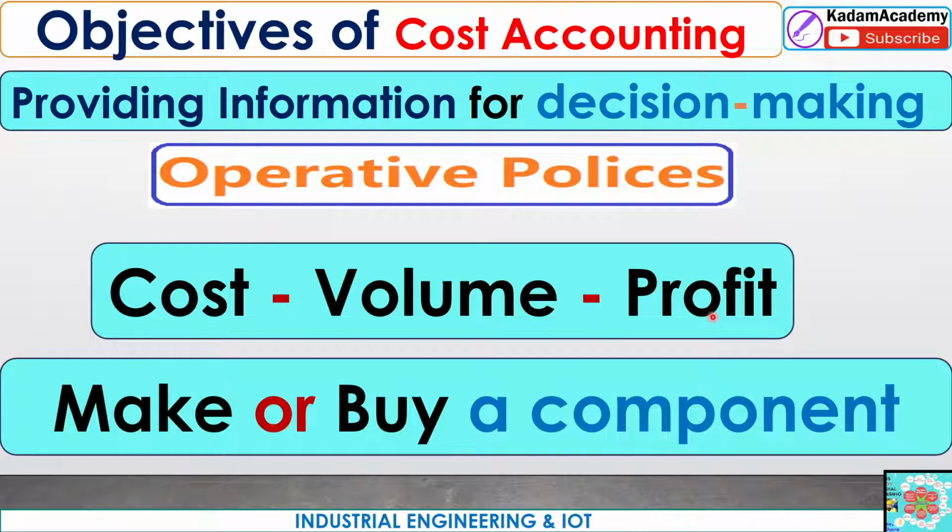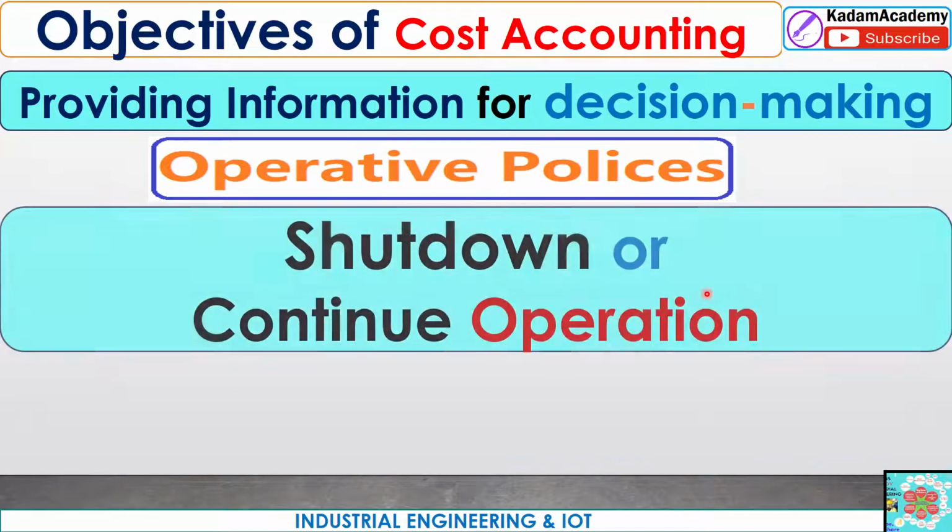We can manufacture the product or component in the industry, or we can buy it from an outside manufacturer for any small part of our total product. Or we can continue with the existing machinery or replace it, or we can shut down or continue the operation at a loss.